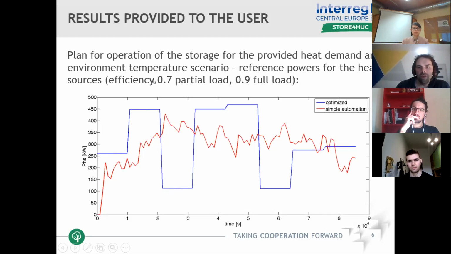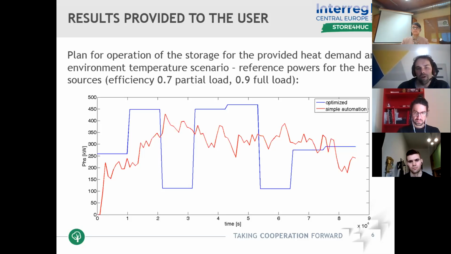The situation here, which I wanted to stress, is the situation where the efficiency of the heat source is better at full load than at partial load, meaning then that the system tries to have a focused operation of heat sources at one part of the day, and then really a small, let's say, amount of power in other parts. In this way, trying to use this more efficient way of the boiler operation.